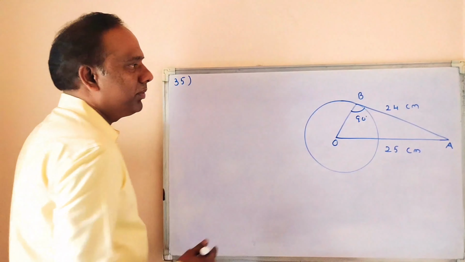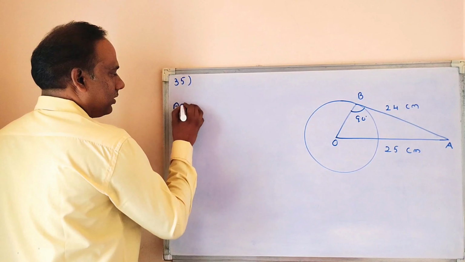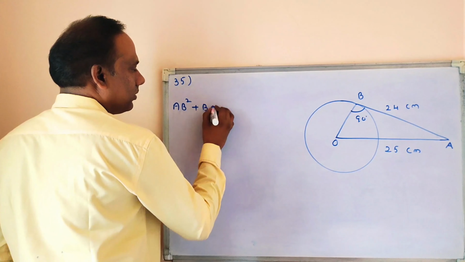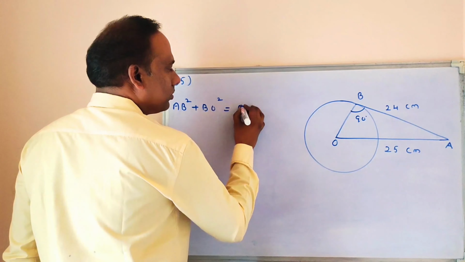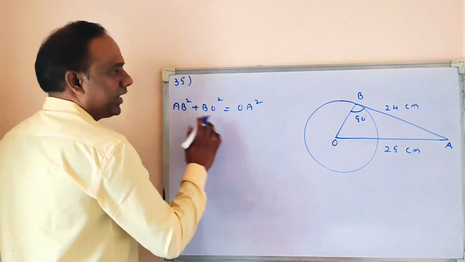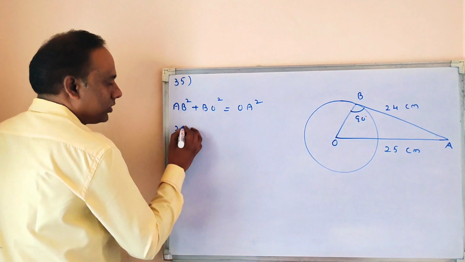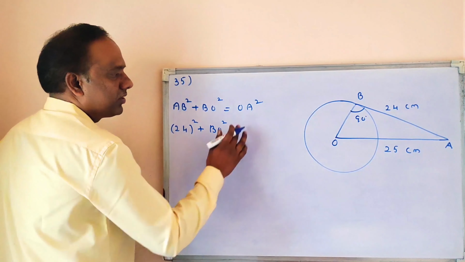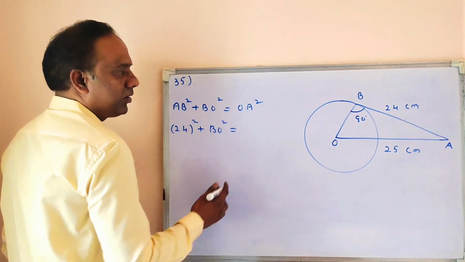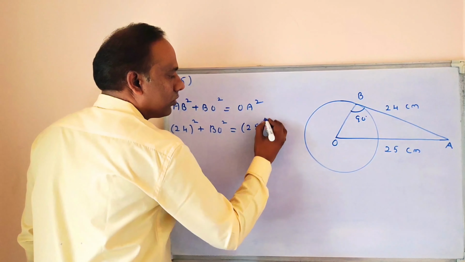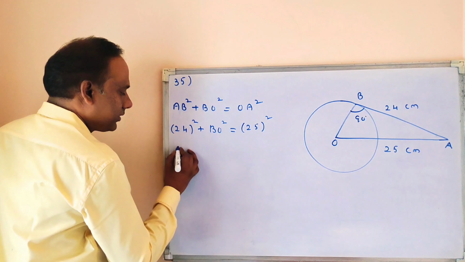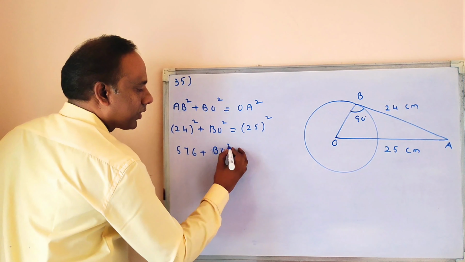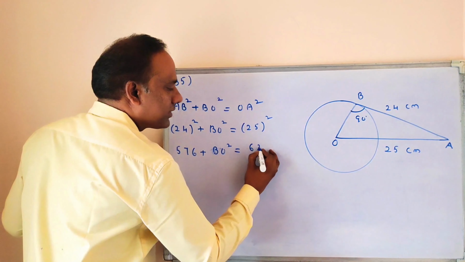So by Pythagoras theorem, AB square plus BO square is equal to OA square. AB is equal to 24, so 24 square, which is 576, plus BO square is equal to OA square. OA is 25 centimeters, so 25 whole square is 625.